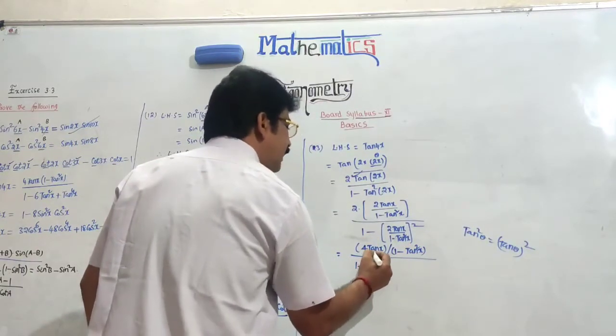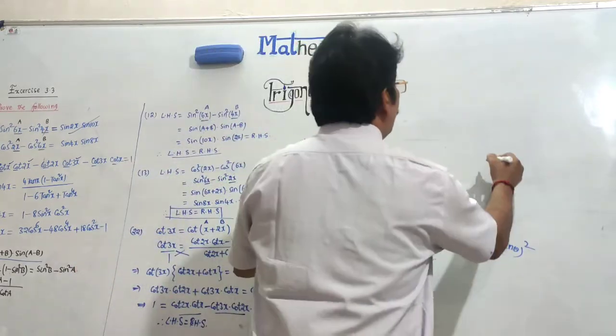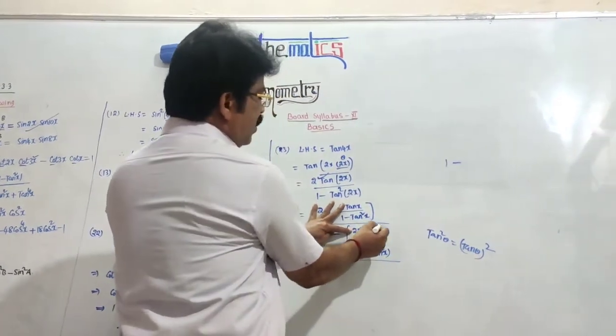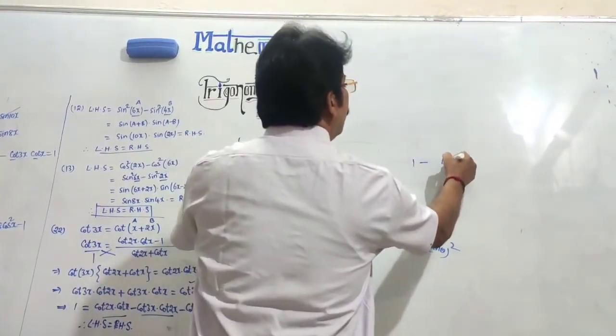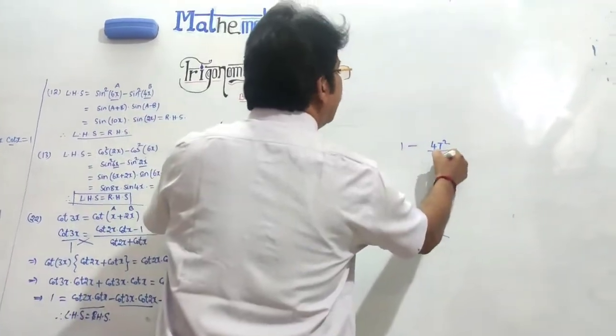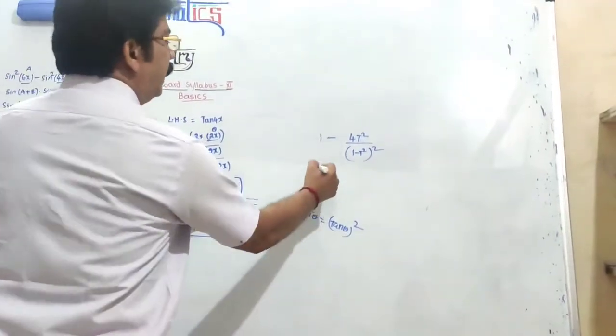1 minus, actually, listen, 1 minus, this is what? A by B whole square. A square means 4 tan square divided by 1 minus tan square, 1 minus tan square, it's a whole square. So, it is what?